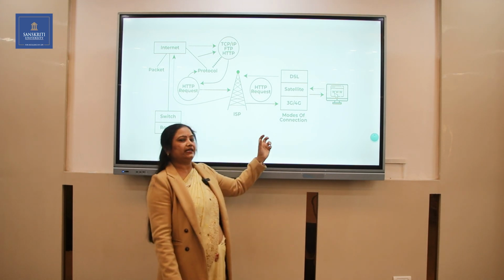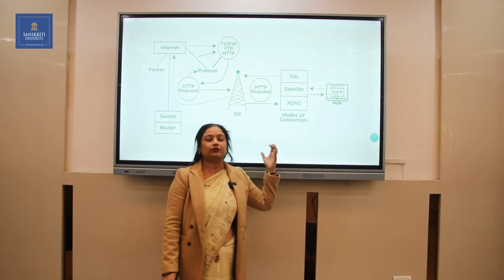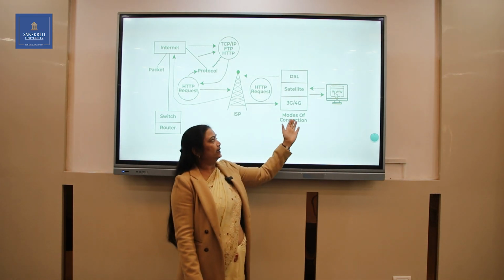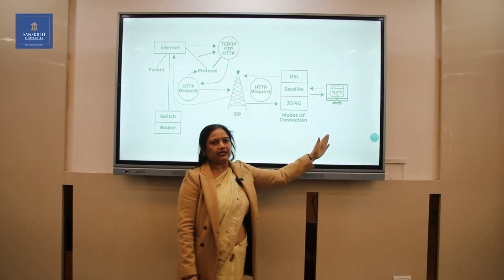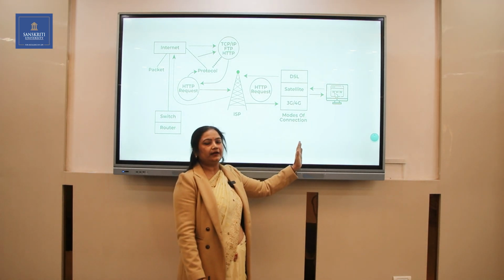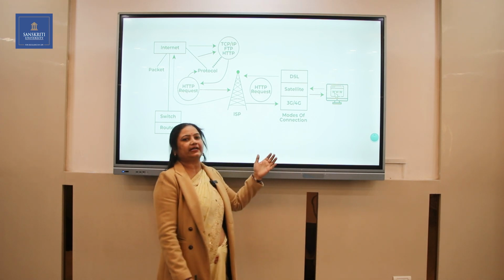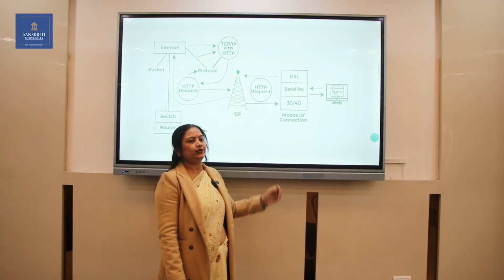So we have to take it from the server, and there are modes of connection through which we connect with the networks, and at last we are the user, sender or receiver. There may be distant computers here, or mobile phones or pagers, different kinds of devices we have to use.